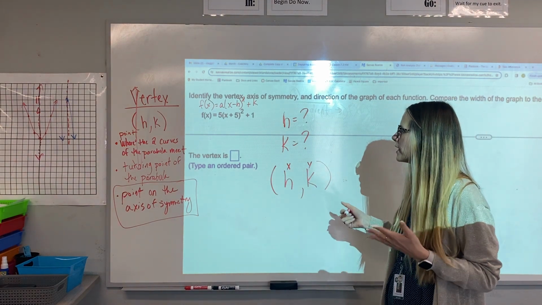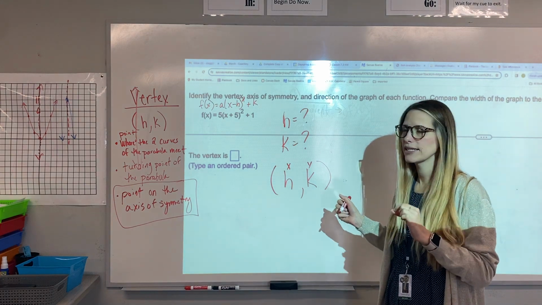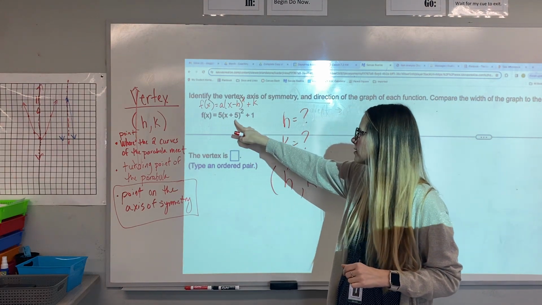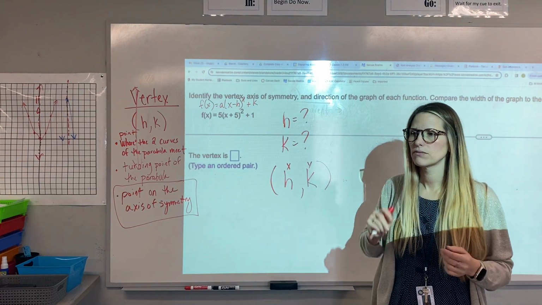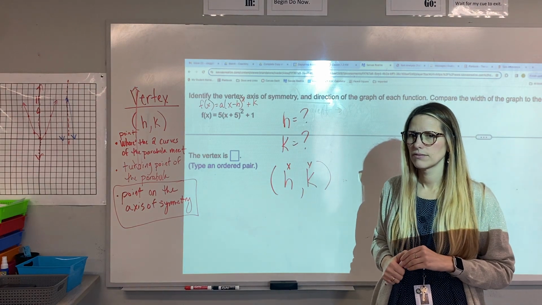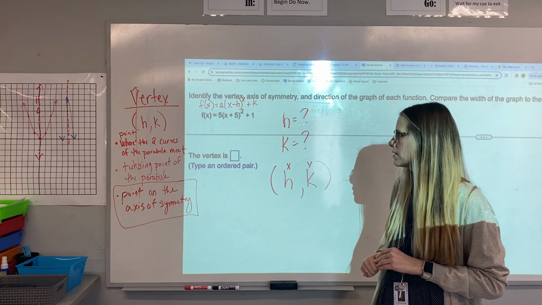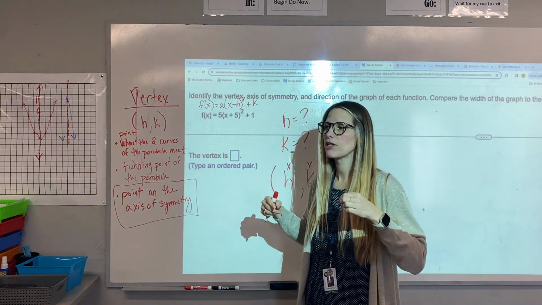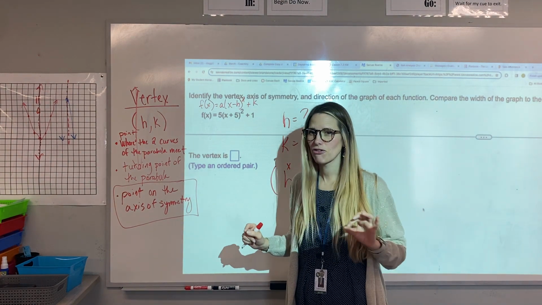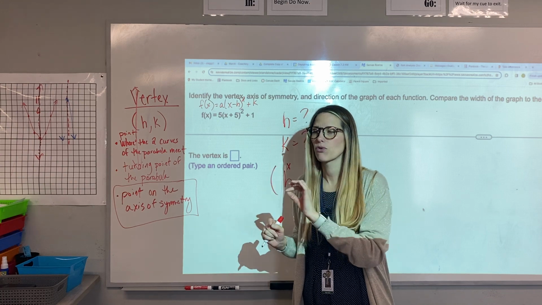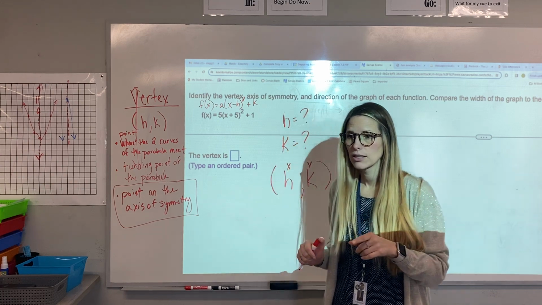So how do we locate h and k in this function? I'll give you a hint. Right above it, I wrote out the vertex form.